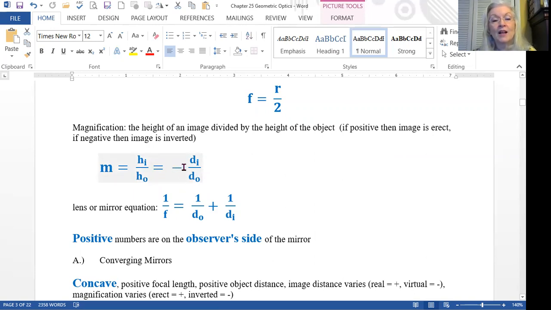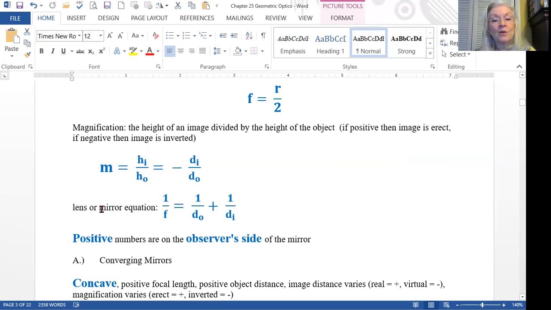And this minus sign is really important. If your image is upside down, if it looks inverted, its height would be a negative value. So upside down images have negative magnifications, right side up images have positive magnifications.